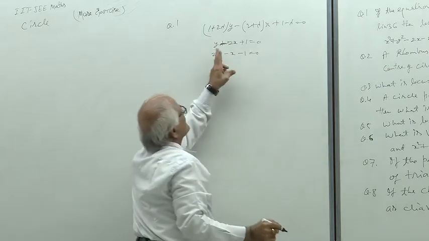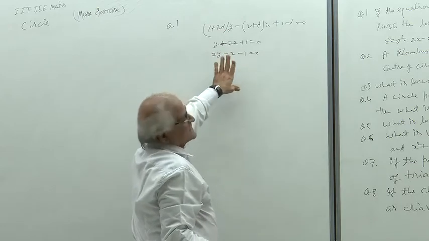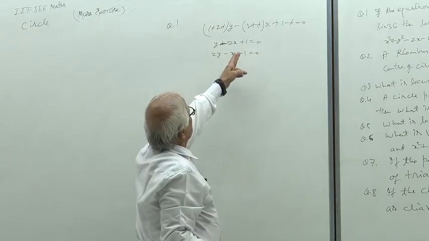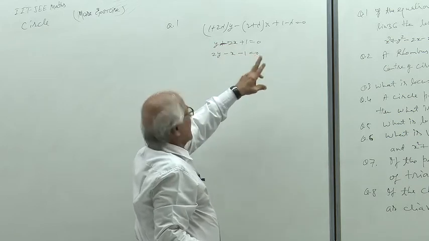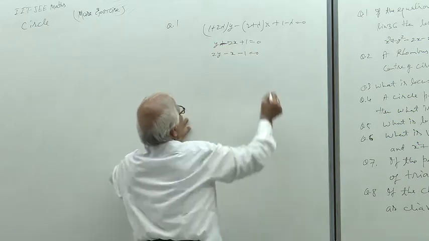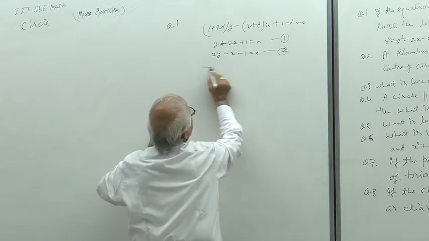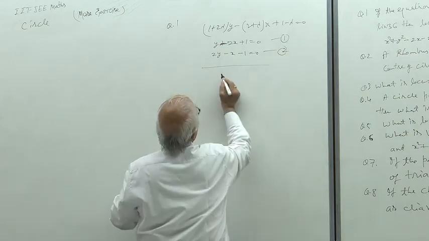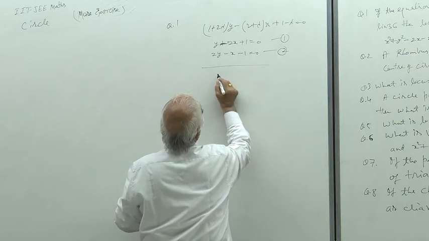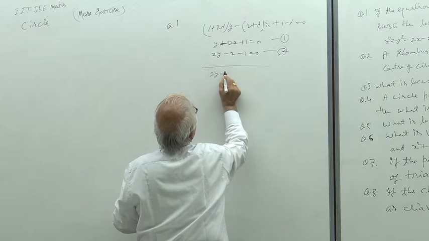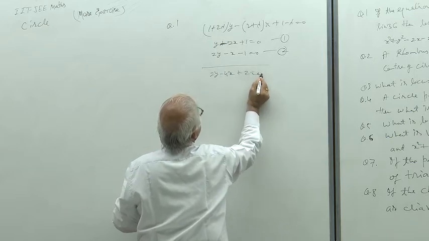This can be written in this way: take y minus 2x plus 1 without lambda. These are the diagonals. We solve them. Multiply this with 2, we have 2y minus 4x plus 2 is equal to 0.